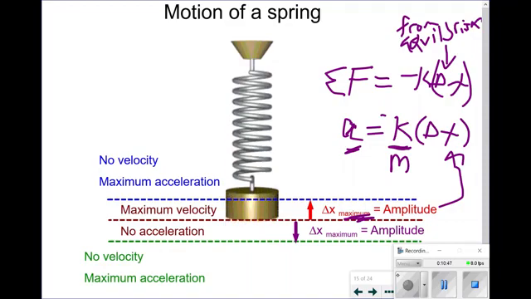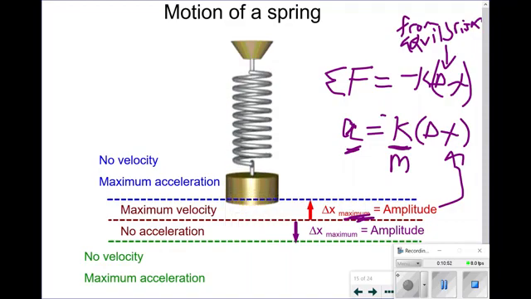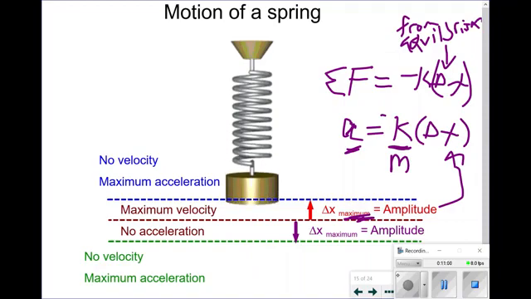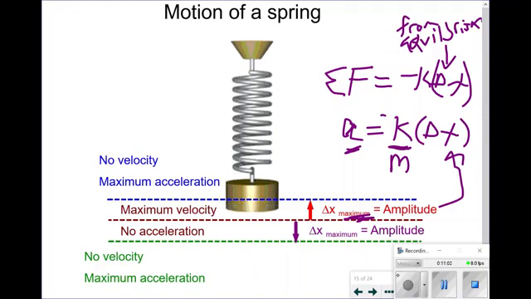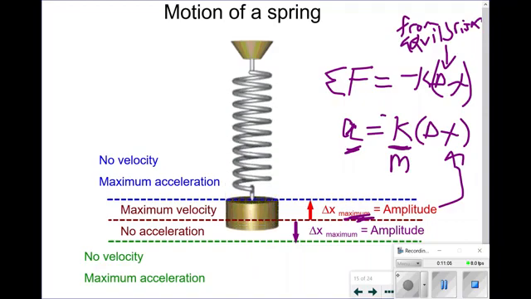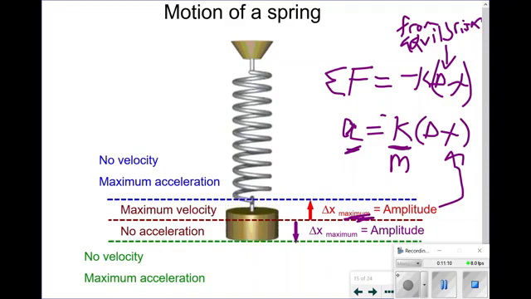Regardless of that, though, when I am looking at my patterns, it is a very easy trend to see. My velocity is always going to be a minimum when my acceleration is a maximum, and my velocity is always going to be a maximum when my acceleration is in fact a minimum. And the minimum for both of these is in fact 0.